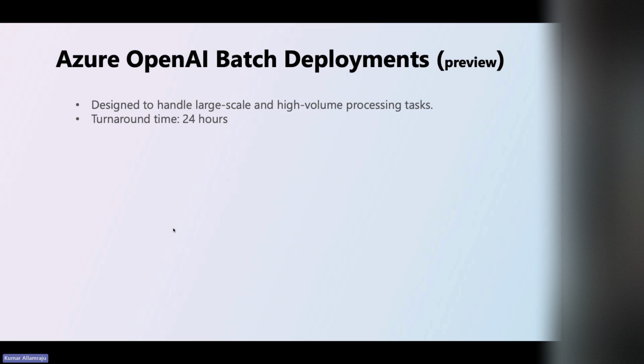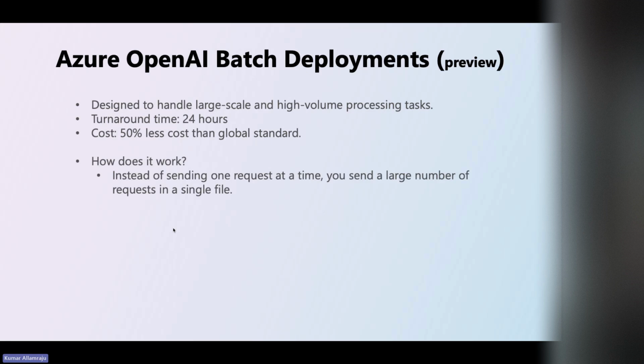The SLA that we give you is 24 hours. And obviously, because you don't need a response right away, it's a bit cost effective, 50% less cost than the global standard pricing, as I have shown you. So those are the three things that we need to keep in mind.